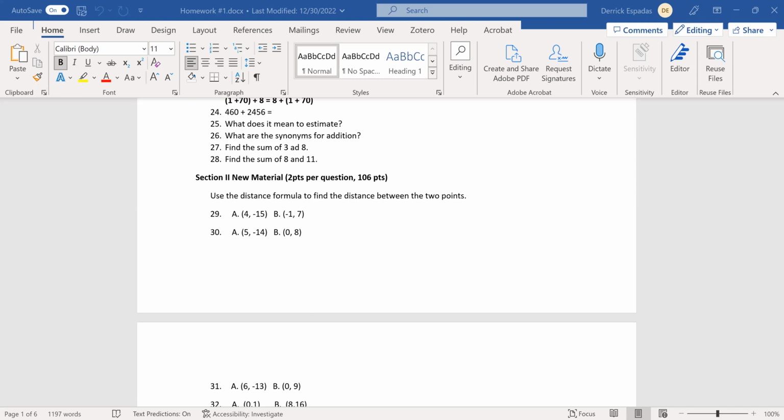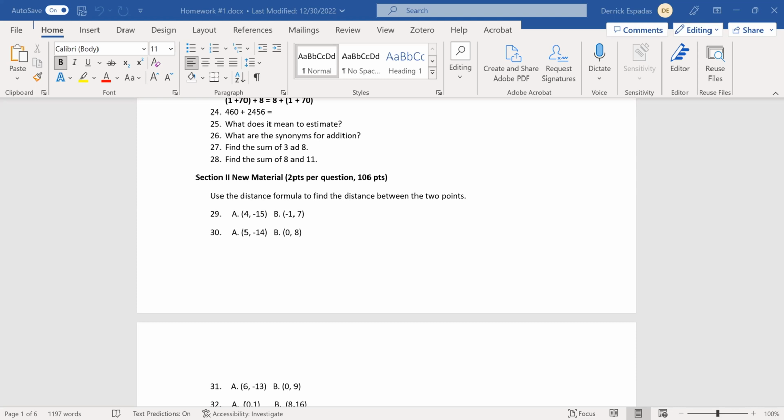So our x1 is 0. Our y1 is 0. So that's known as the origin on our Cartesian plane, 0, 0. x2 is 4, y2 is 3. x2 minus x1.